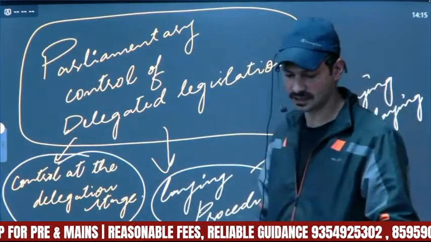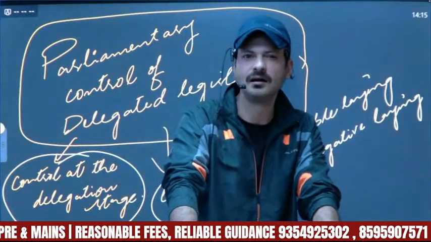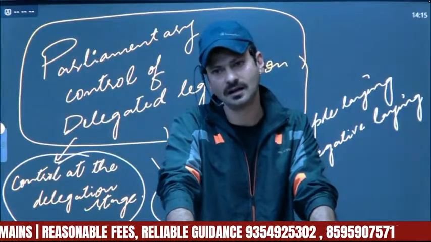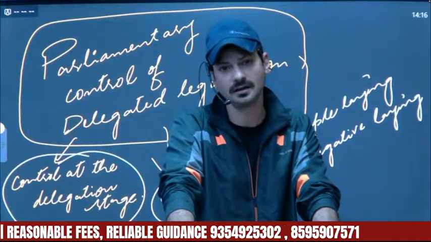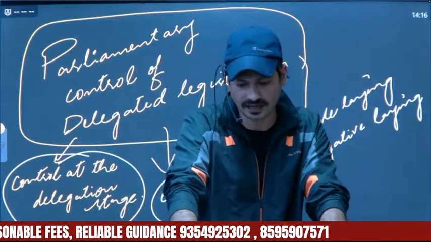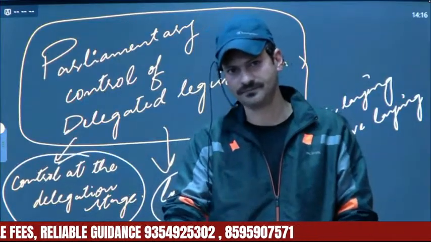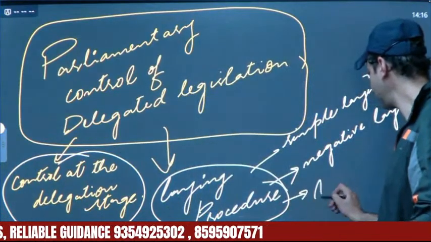So laws, rules which have been made by the bureaucracy, can come into effect immediately, but negative laying also means that the Parliament can annul it if the Parliament passes a resolution. Okay? Then there's another type of laying which is called affirmative laying.